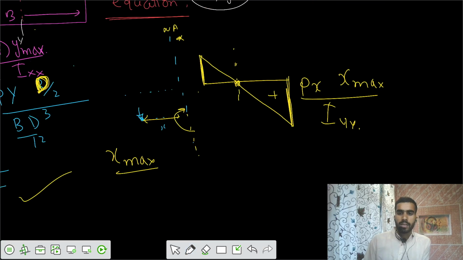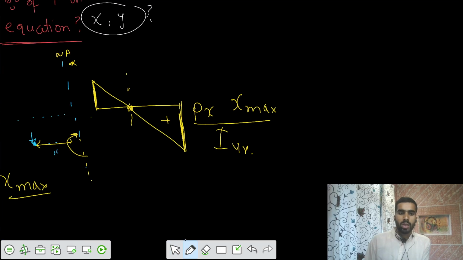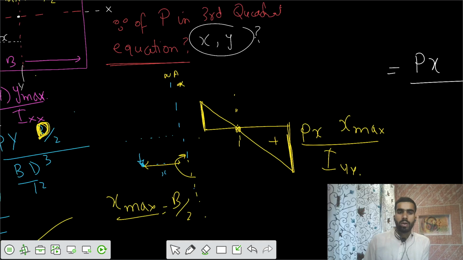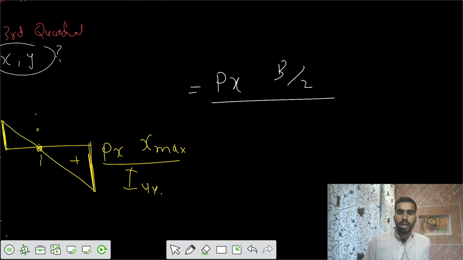And for this one, x max would be b by 2. So if I calculate that also, I would get Px into b by 2 divided by Iyy of that section. The y axis is cutting this b, so that is d b cubed by 12.